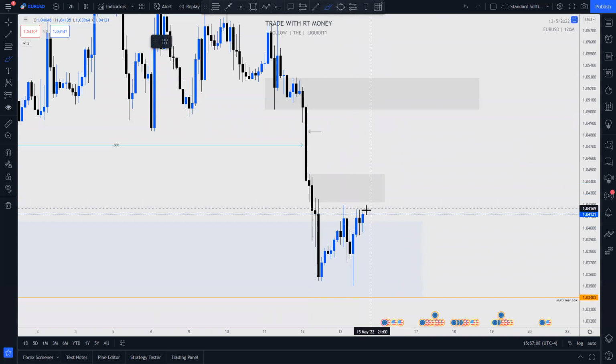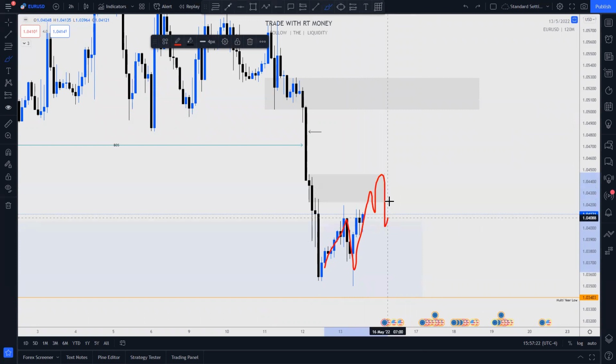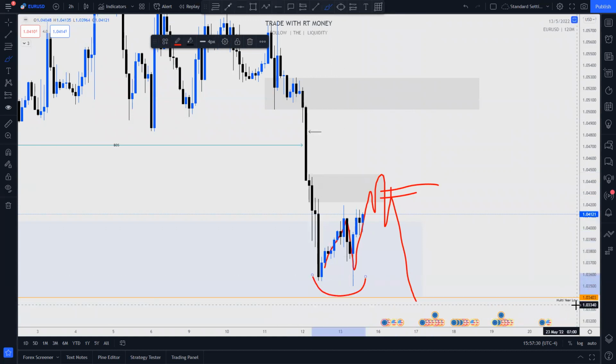That's all I'm going to do. I'm going to keep my eye out for bearish price action here, because if we get bearish price action here, then we can look to see that this correction is done, and we're going to take that low out and head toward multi-year lows.